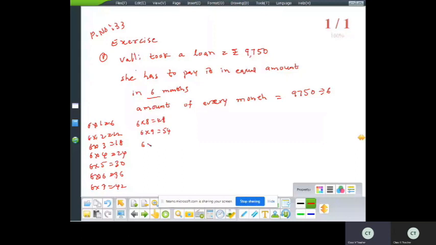And 6 tens are 60. In division, 6 into 0 is equal to 0, or 0 into any number is 0.